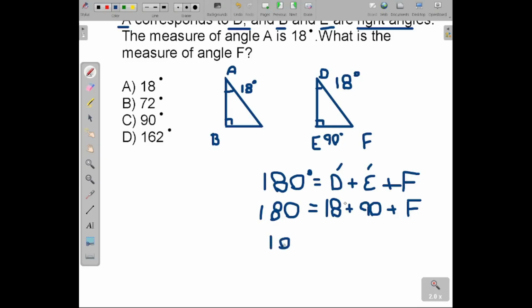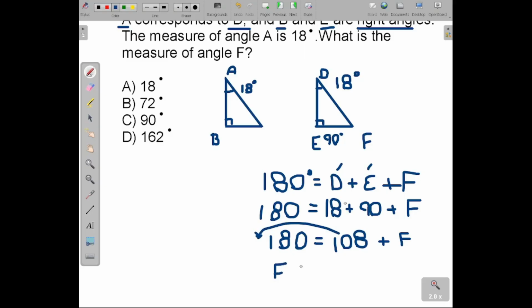So here we have 180. 18 plus 90 is 108, plus F. So this 108 goes to the other side.